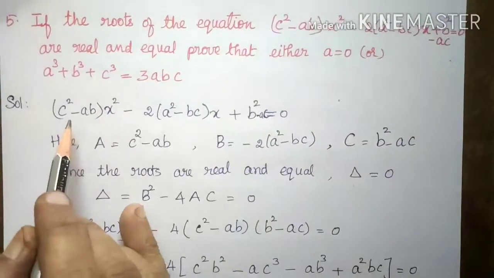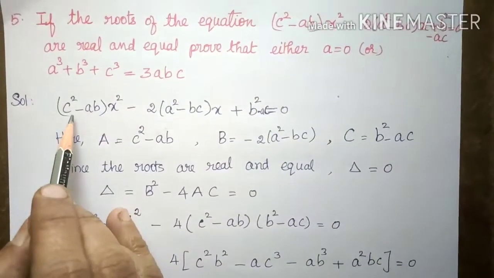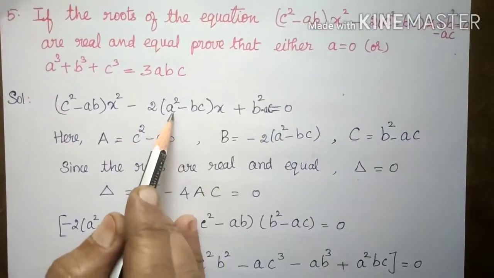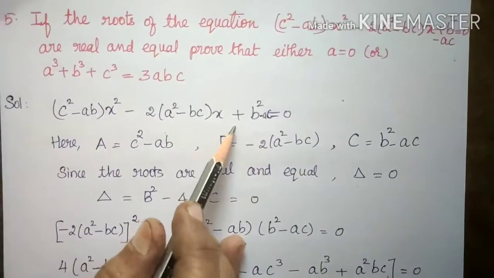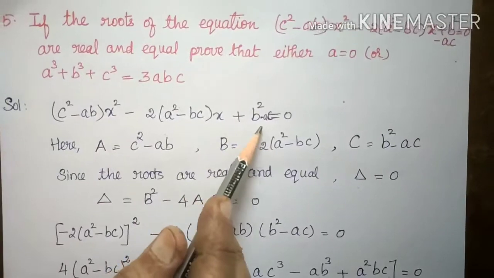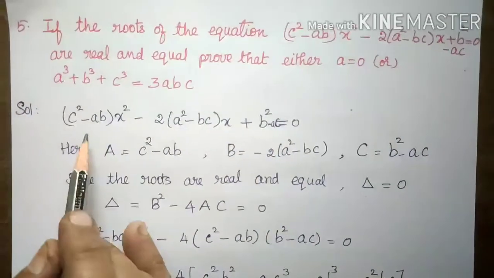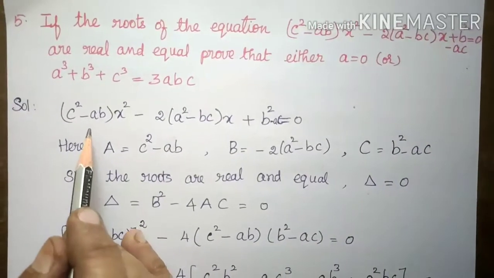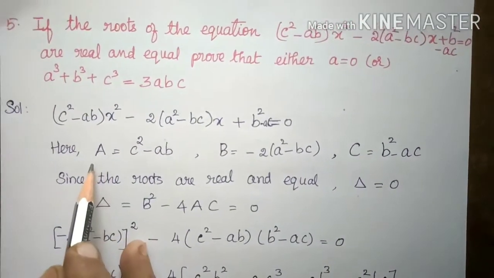Now write the given equation as (c squared minus ab) x squared minus 2 (a squared minus bc) x plus (b squared minus ac) equal to 0. Here we are going to write the values of capital A, B and C first.